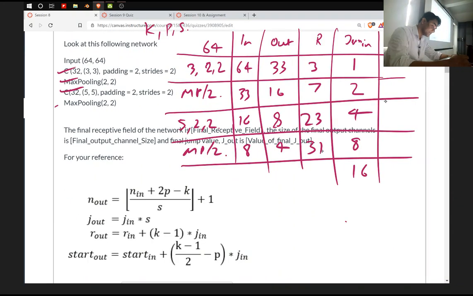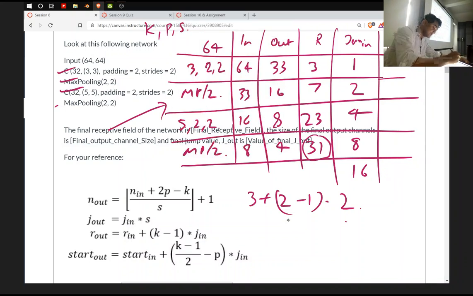What is the wrong step we did? We did max pooling here. What did we do? 3 plus 2 minus 1 into 2. So this should be plus 2. So this is not 7, this is 5. Then this is not 23, this is 21. This is not 31, this is 29.